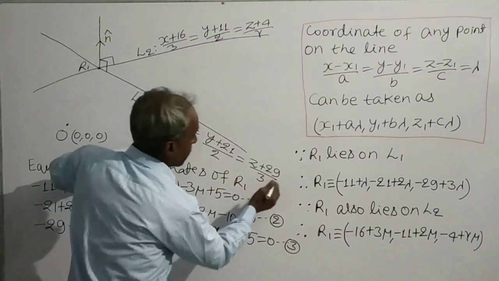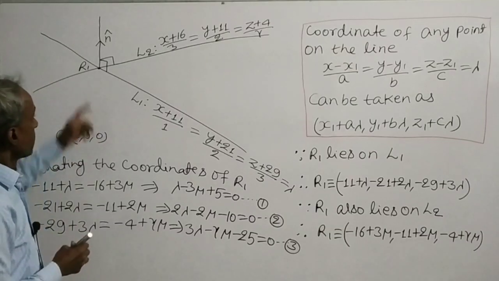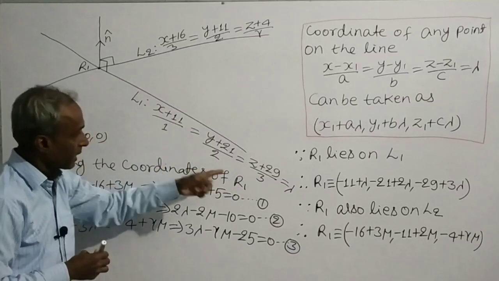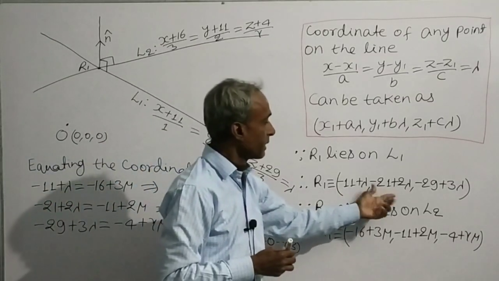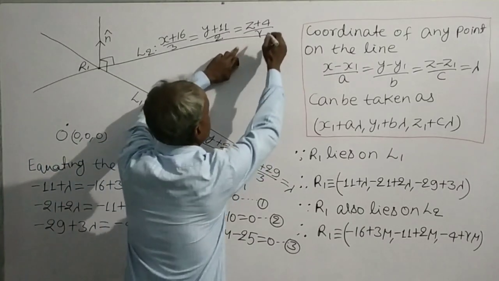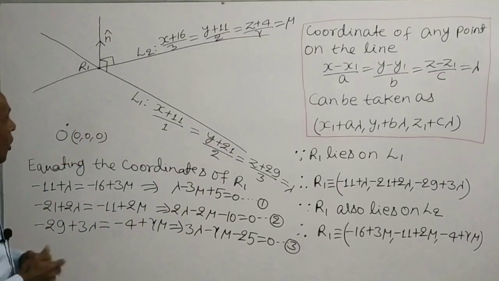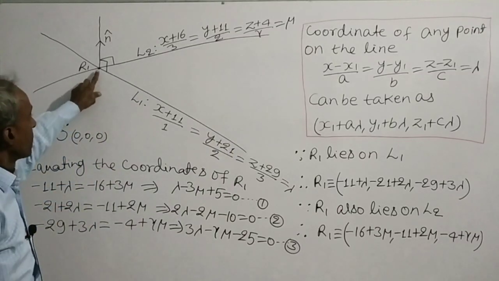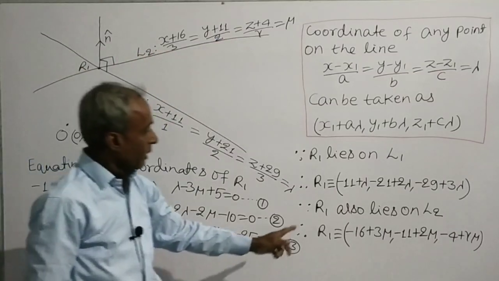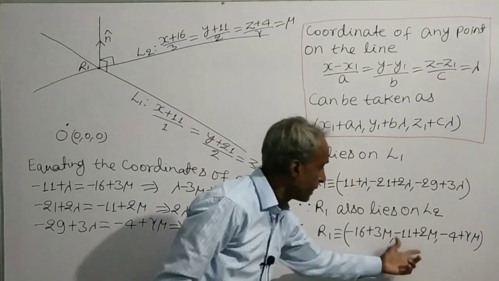Then coordinates of point R1 on this line can be taken as this. If we suppose this is equal to mu, then coordinates of point R1 on line L2 can be written as this.